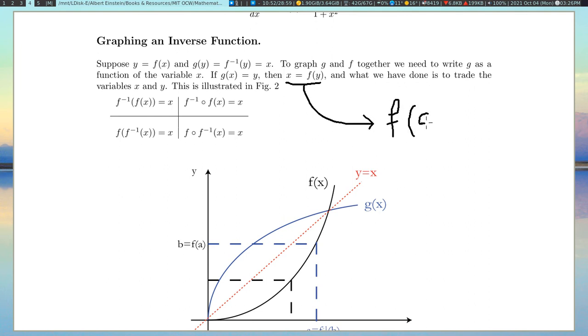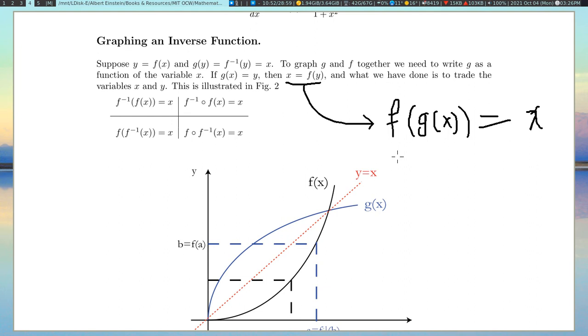It becomes f of g of x, and if that is equal to x, then that is good, because as we said, g is an inverse of f, so that should be true. Since f of x is equal to y, when we put the value of y in the inverse, we will get x. Always think about this when you're talking about inverses.